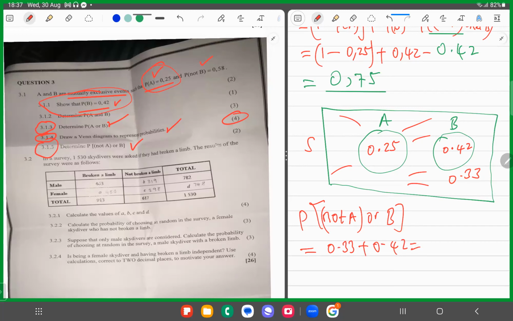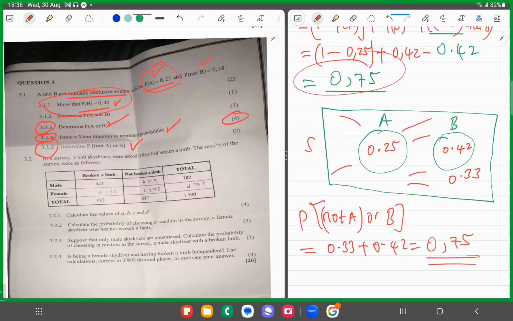What is the answer? So 0.33 plus 0.42 and the result is 0.75, which is exactly what we got here. That's what you can get.